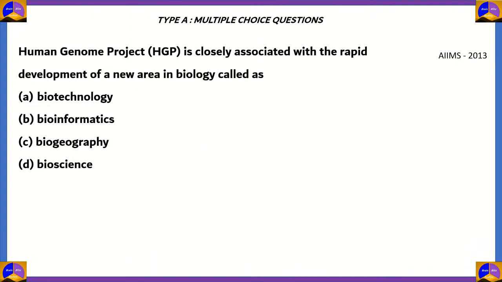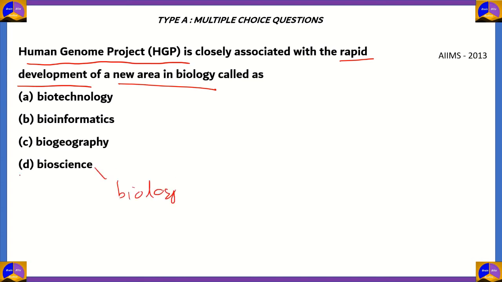Now, let's look at this next question. The Human Genome Project, or HGP, is closely associated with the rapid development of a new area in biology called as A, biotechnology, B, bioinformatics, C, biogeography, D, biosciences. So option D, biosciences, is basically biology, so that's incorrect.